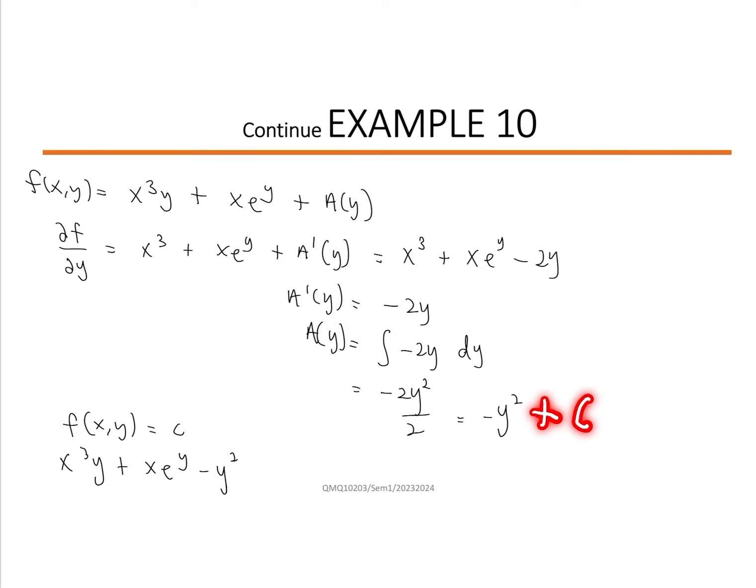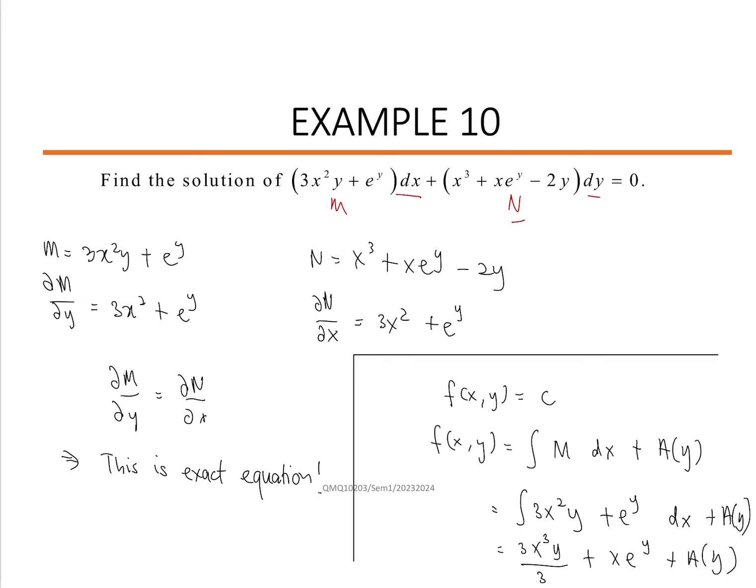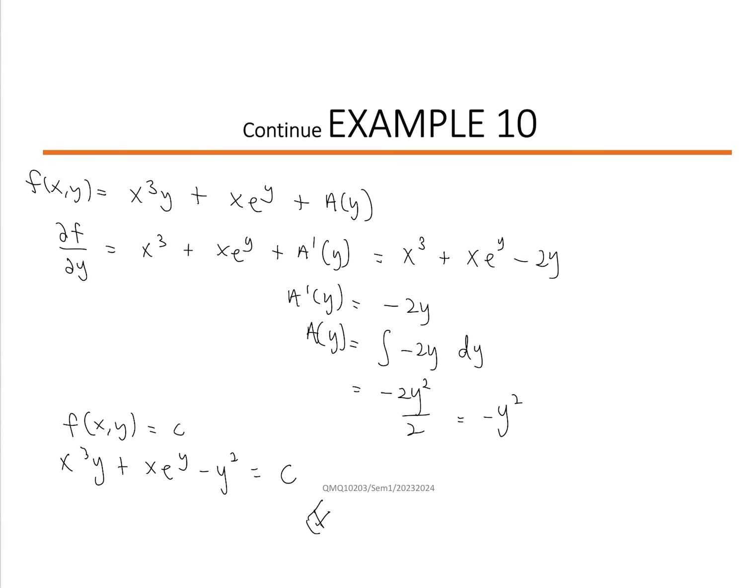For example, let's say this is c1, but I didn't write the c1 here because later on I will bring it to the right hand side of the equation. So when I bring it to the right hand side, c minus c1, let's say this is another constant. Let's put just constant c. So this is my answer. Since the initial condition is not given, we cannot find the value for c.